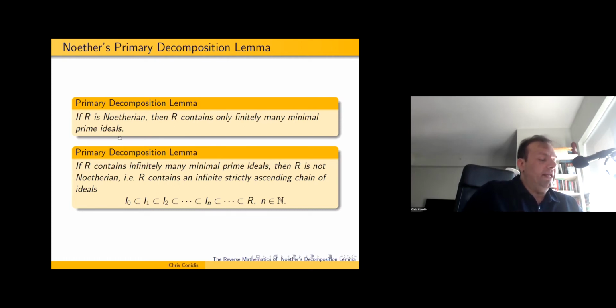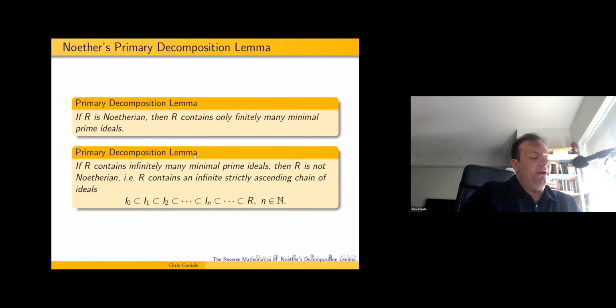The way that you would analyze a theorem about Noetherian rings in the context of reverse mathematics is to look at the theorem that says, if you satisfy all of the hypotheses except potentially the Noetherian hypothesis, but you don't satisfy the conclusion, then your ring is not going to be Noetherian, and so you have the existence of a strictly ascending chain in your ring. That's the way that I want to look at the theorem here.